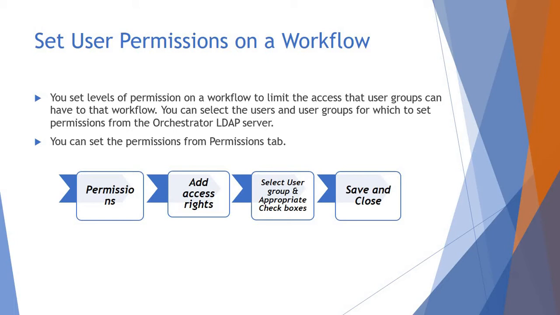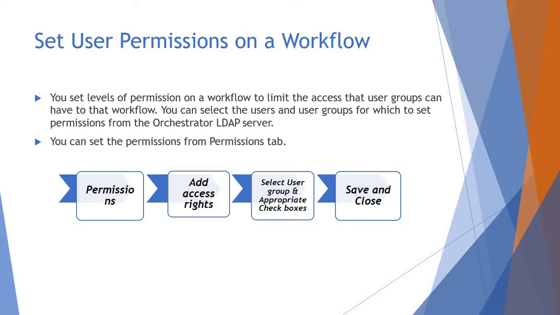Procedure. Click on the Permission tab. Click the Add Access Right icon to define permission for a new user group. Search for a user group. The search result contains all the user groups from the Orchestrator LDAP server that match the search. Select a user group and select the appropriate checkboxes to set the level of permissions for this user group.